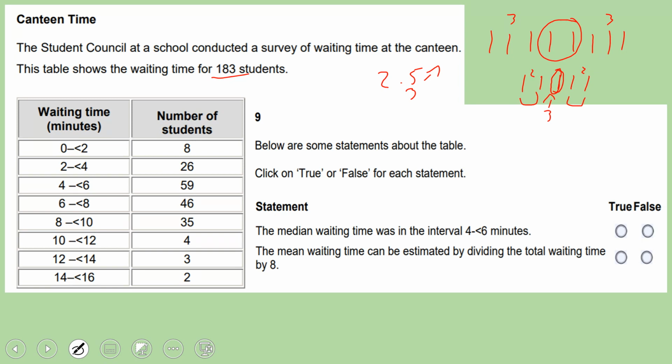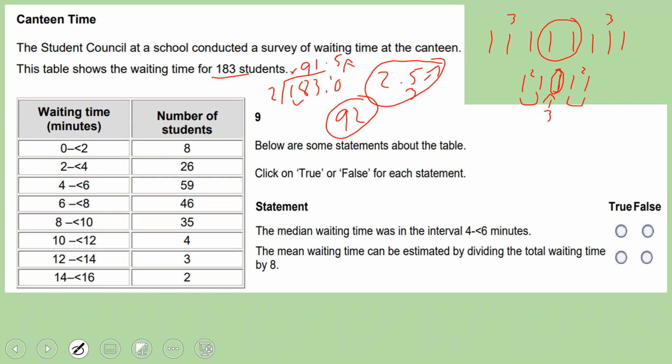We do the same thing with 183. 183 divided by 2. 2 into 1 doesn't work. 2 into 18 is 9, with 0 remainder. 2 into 3 is 1, with 1 remainder. 2 into 10 makes 5. If we now round up this number, just like we did from 2.5 to 3, we get 92. So the 92nd person is our median value that we're looking for.